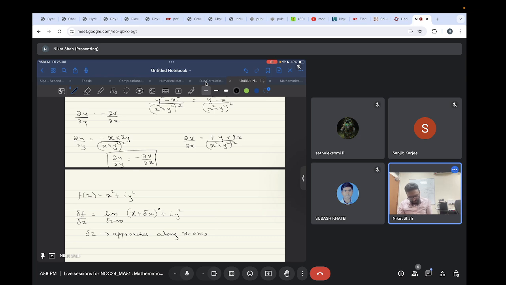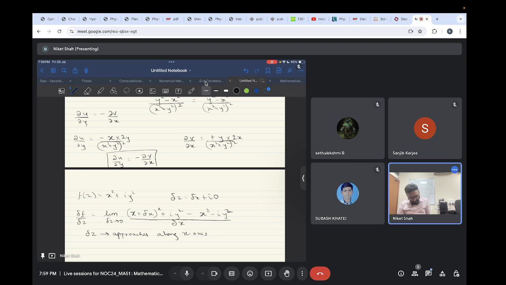Y won't change because my del z is approaching 0 from x direction. So del z is basically del x only. There is no del y component. Del z is equal to del x plus i into 0. Okay, so x plus del x the whole square plus iy square minus the original function which is x square minus iy square divided by del z which is del x.